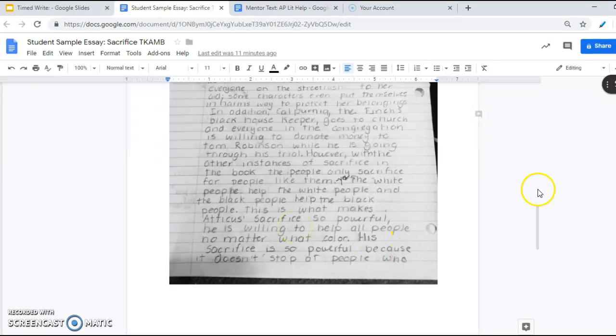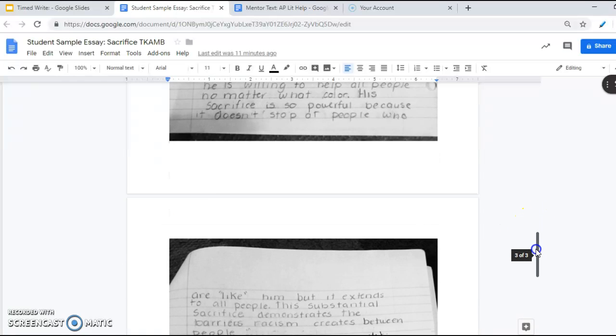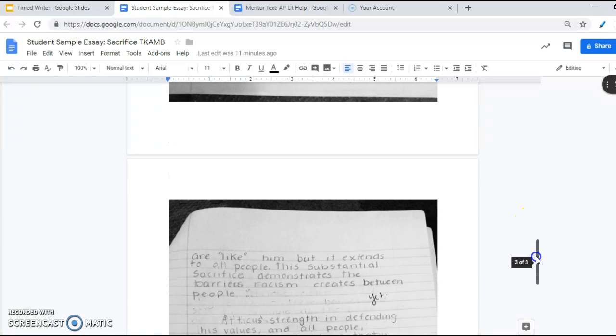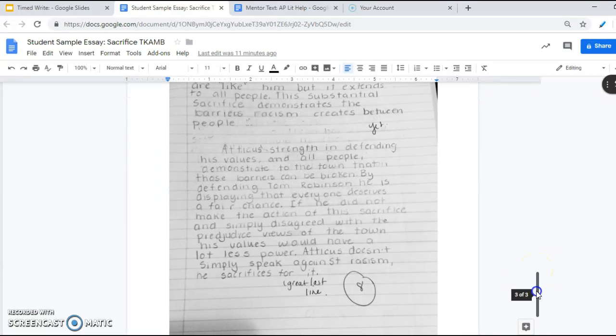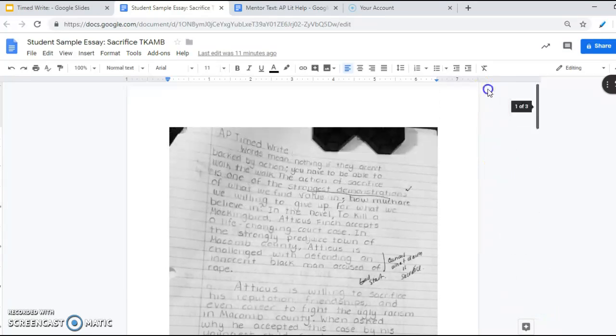His sacrifice is so powerful because it doesn't stop people who are not like him, but extends. And then once again, this substantial sacrifice demonstrates, this is the big idea, the racism. That's the overall meaning of the book. And then there's a really nice conclusion, really nice punchy closing line that's really well done.